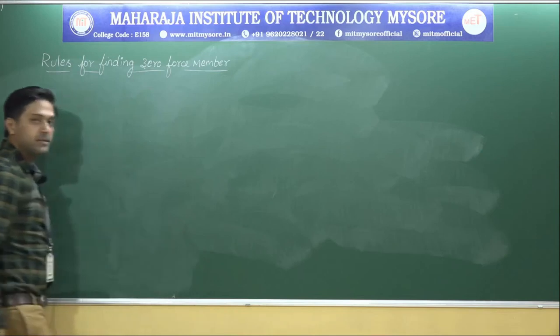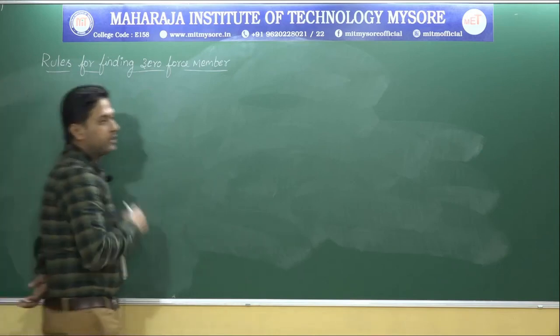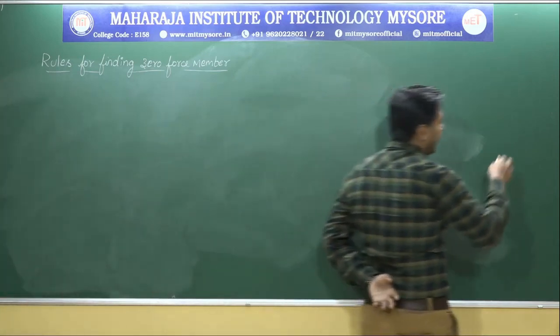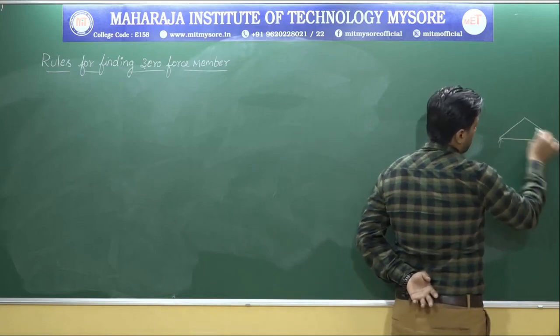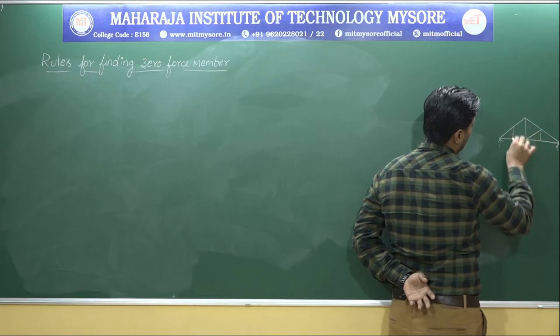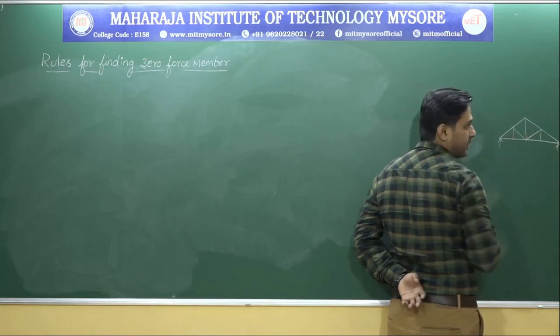What do you mean by this? As I have already told you, there are different types of steel trusses. So let me take an example. Let me consider this one.